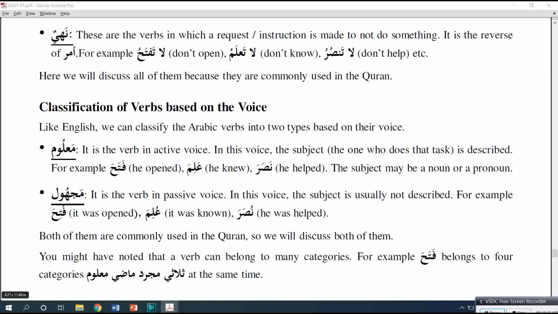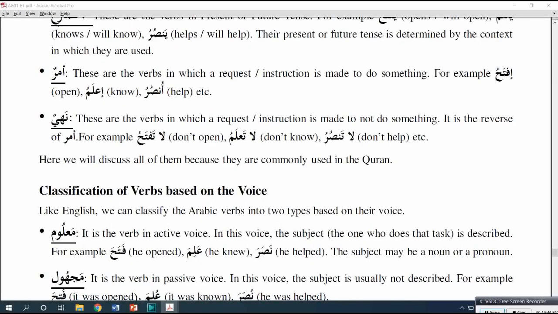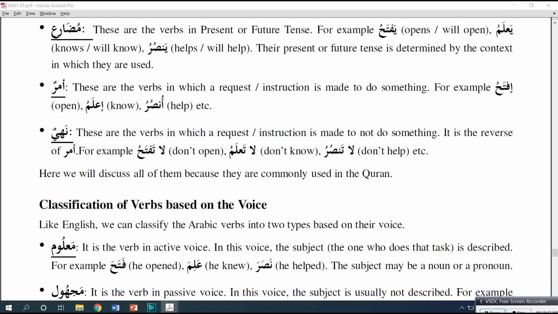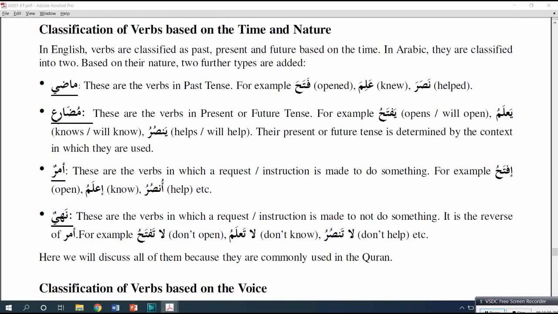Or with different forms: iftah, open it. La taftah, don't open it. Similarly, you can say yaftahu, you open it, you are opening it, or you will open it. Or fataha, that you have opened. See, these are the different types. So these types you will have to find in the example.